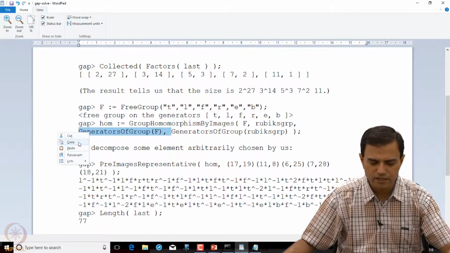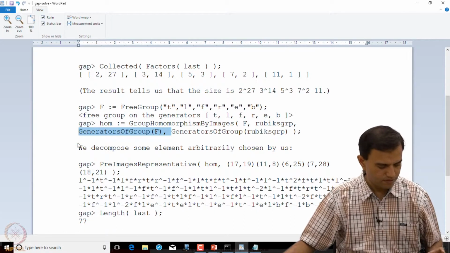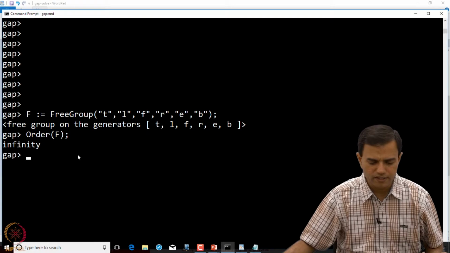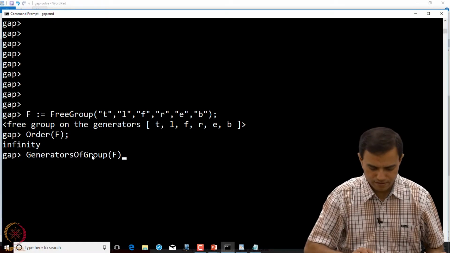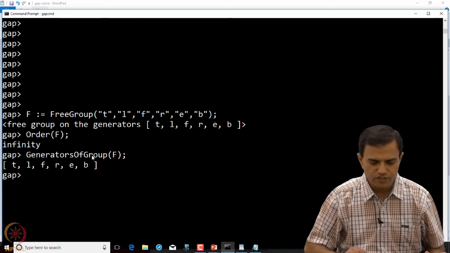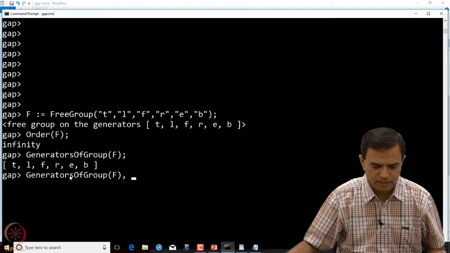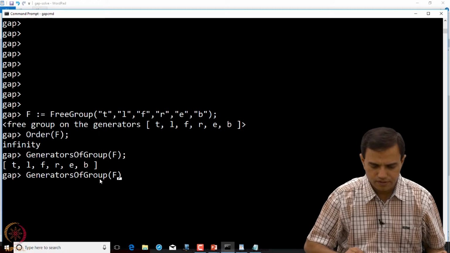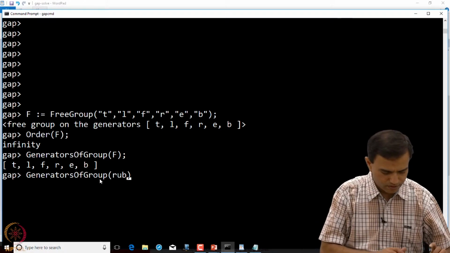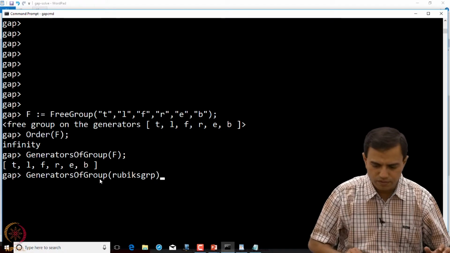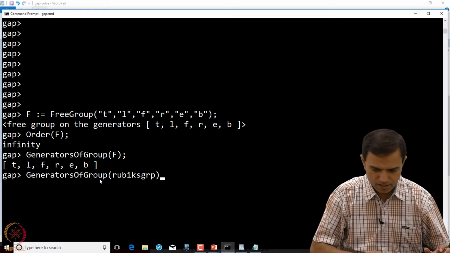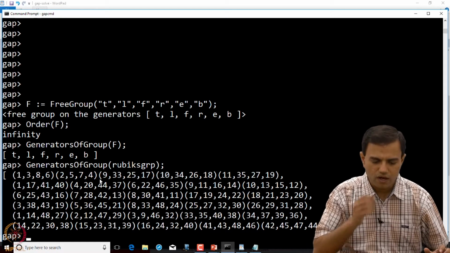There is a command for generators; I will paste it here. The generators of group F are these, and the generators of Rubik's group are all these elements.